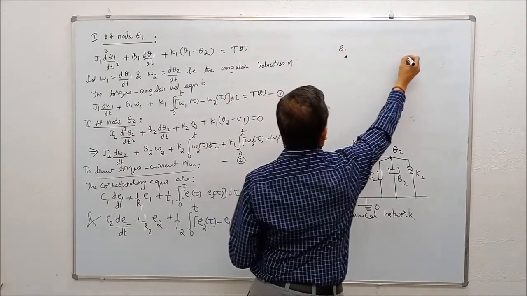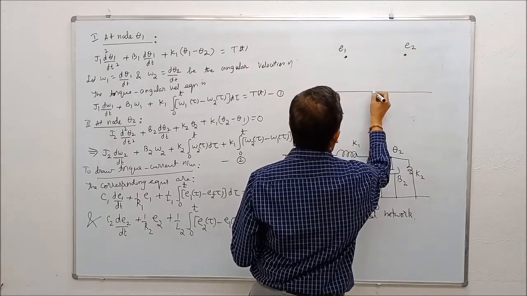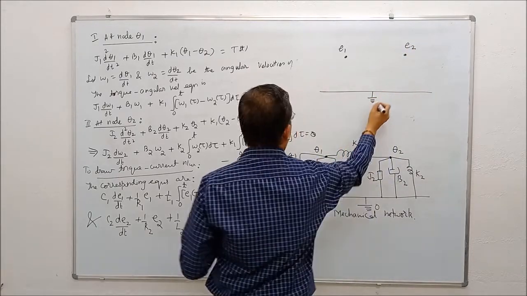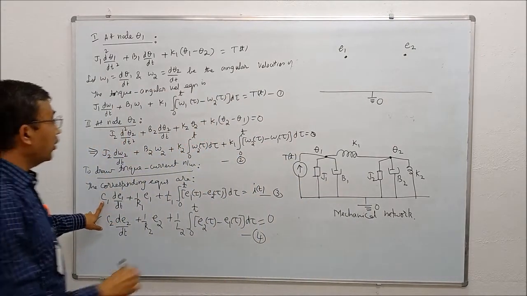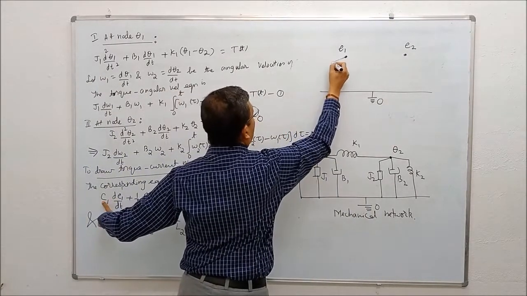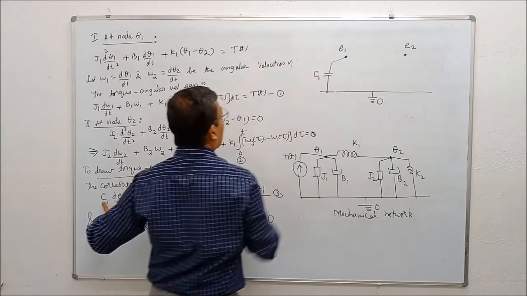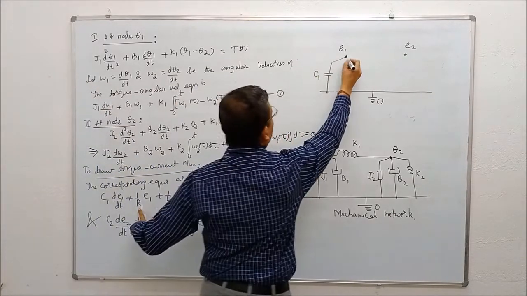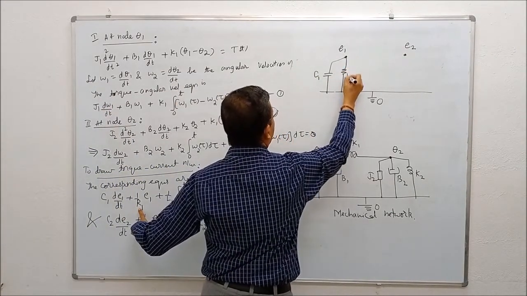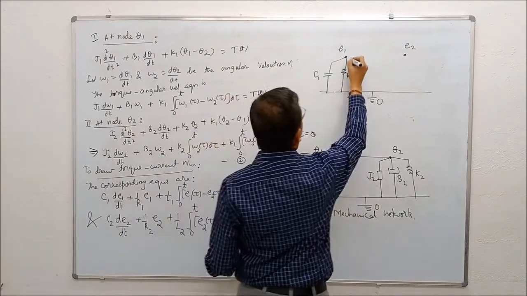We mark two nodes having potentials E1 and E2, the node voltages E1 and E2, and this is the reference node. Take equation number 3. C1 is inserted between E1 and ground. R1 is inserted between E1 and ground. L1 is between E1 and E2.